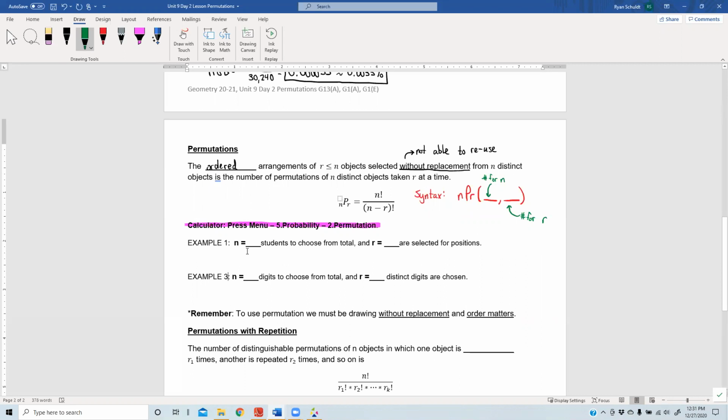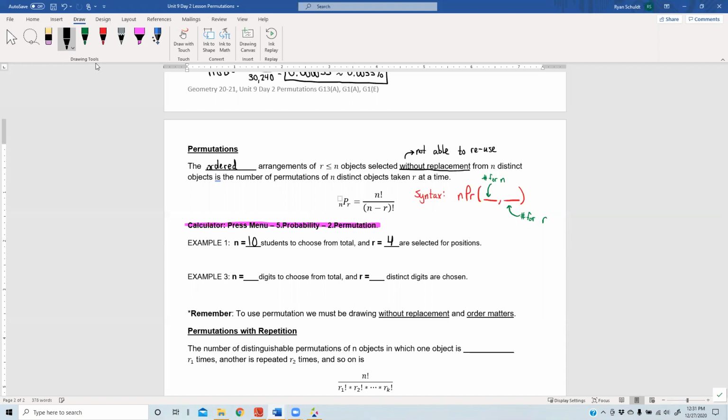Okay, example 1. How many students were we picking from for the student council example? We had 10 students to pick from. And how many offices were we filling? We had 4 positions to fill.